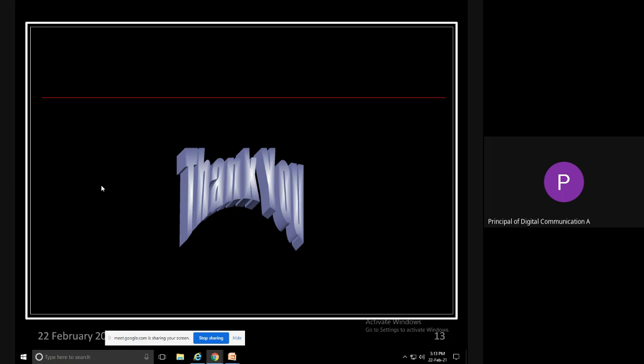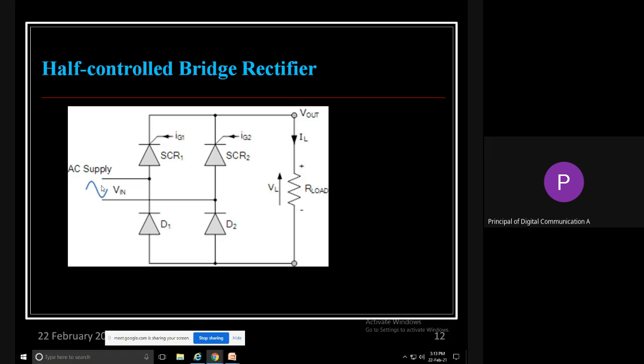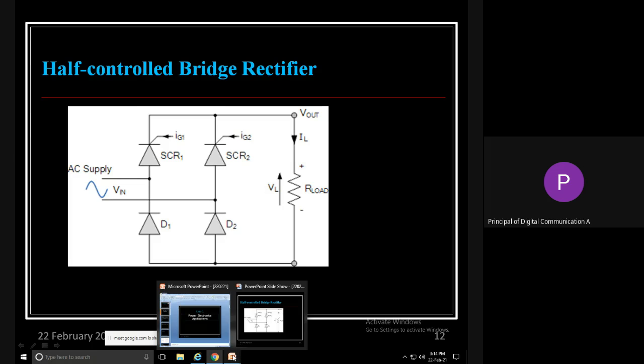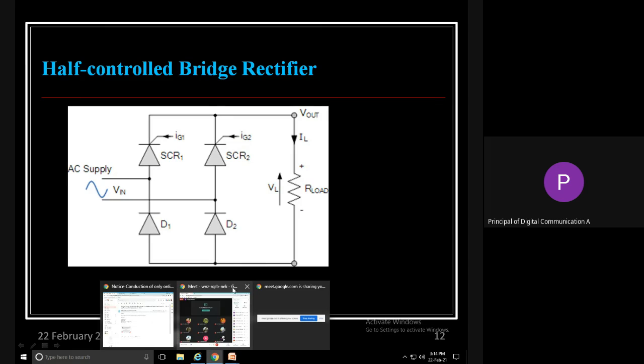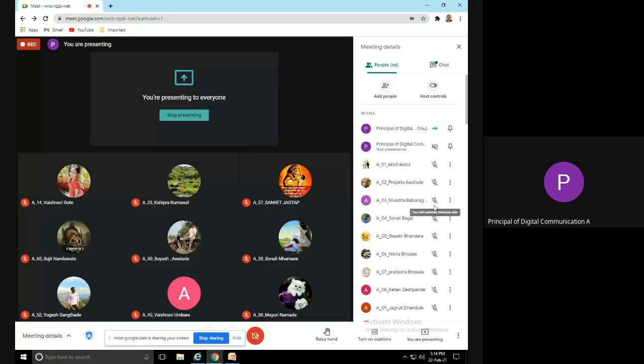If there is any query from this unit or the earlier unit, we still have 10 minutes, so you can just ask. I hope you are all here.